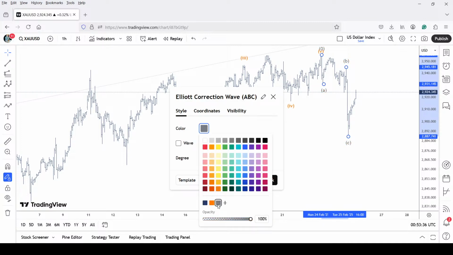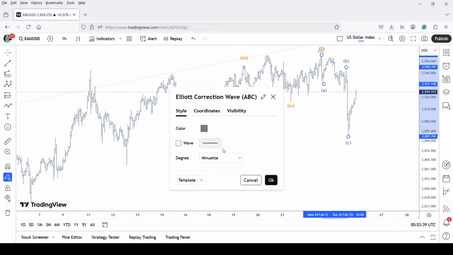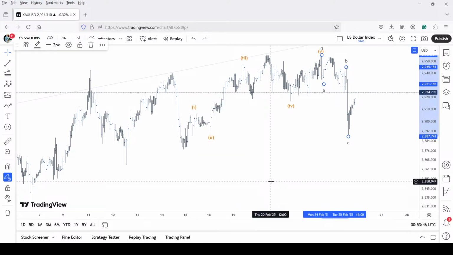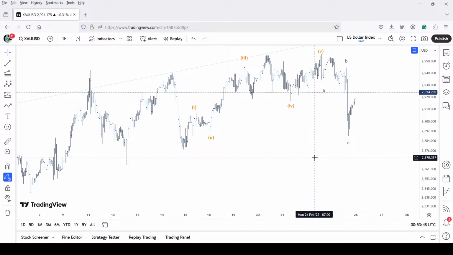The reason we are changing it to sub-minute is because that ABC is minute wave A. All right. Remember, we are looking for a wave 4 decline. So if it is an ABC sub-minute, that automatically becomes minute wave A.